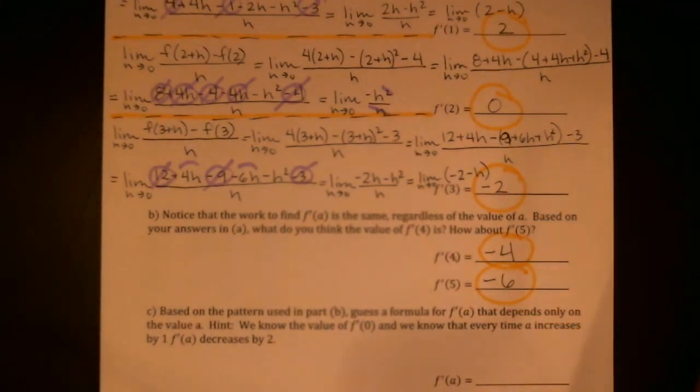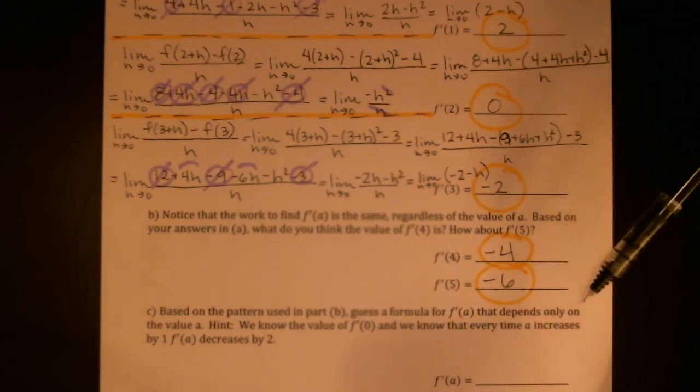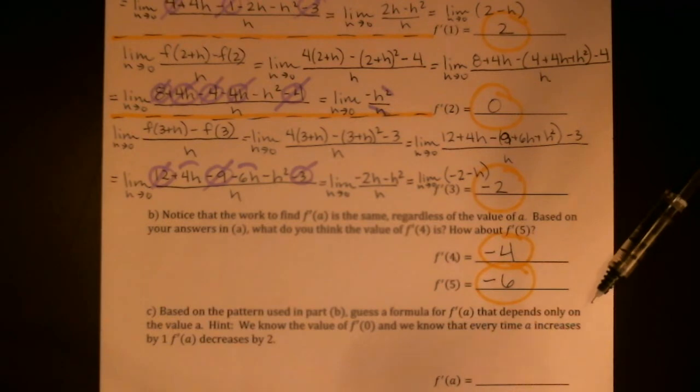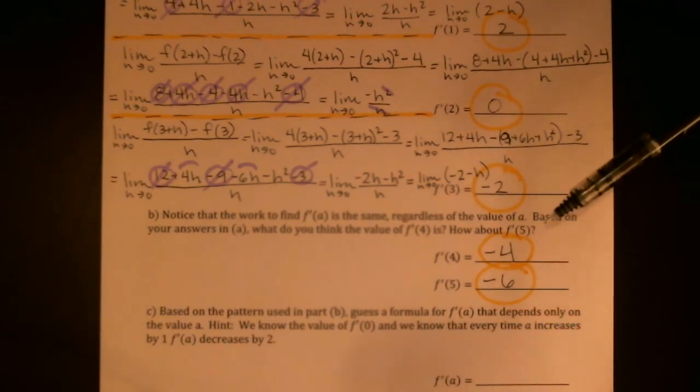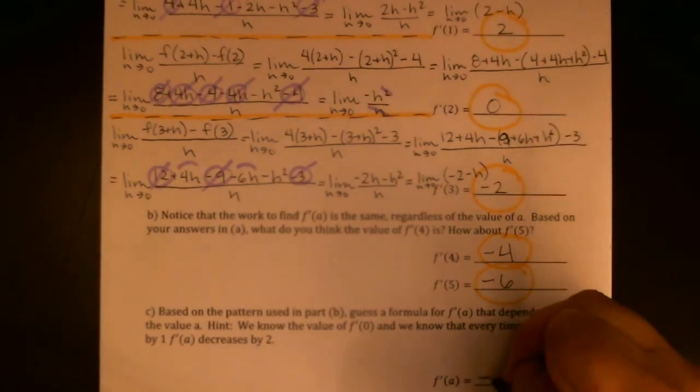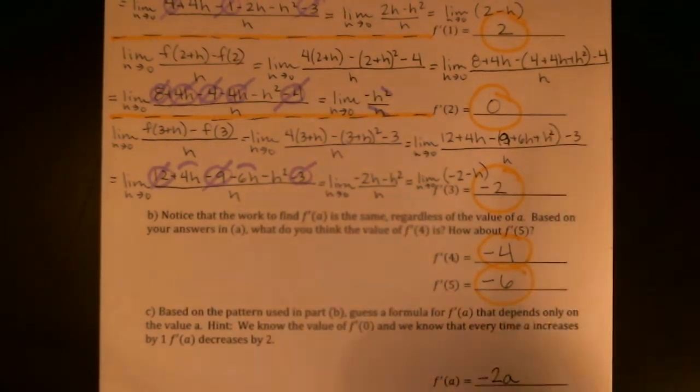So we've recognized part of our pattern. This thing, this f prime, decreases by 2 every time our x value increases by 1. That is spot on how you would describe a linear function, right? So if your output decreases by 2 every time your input increases by 1, then you've got a slope of negative 2.